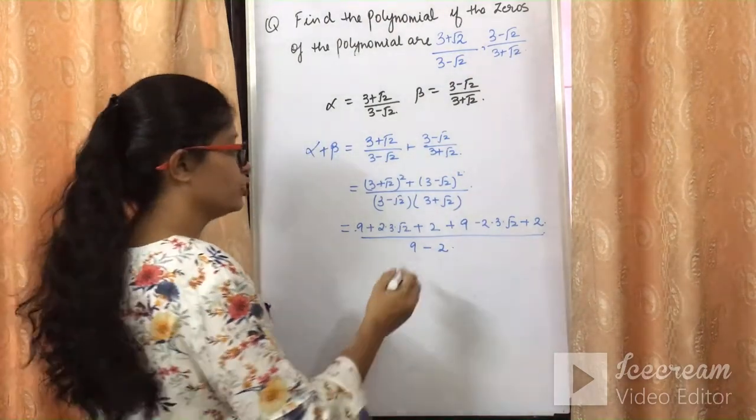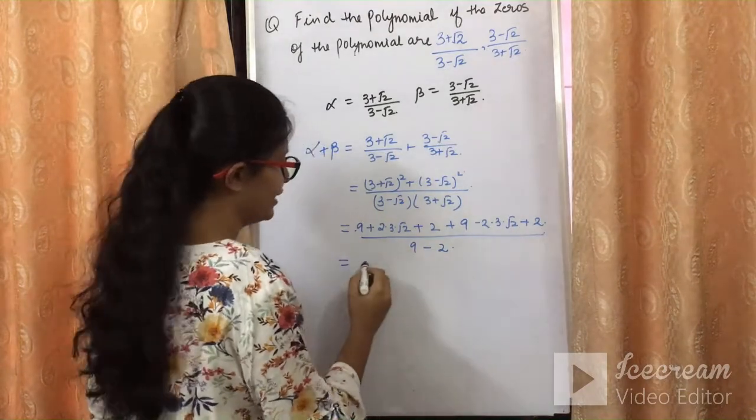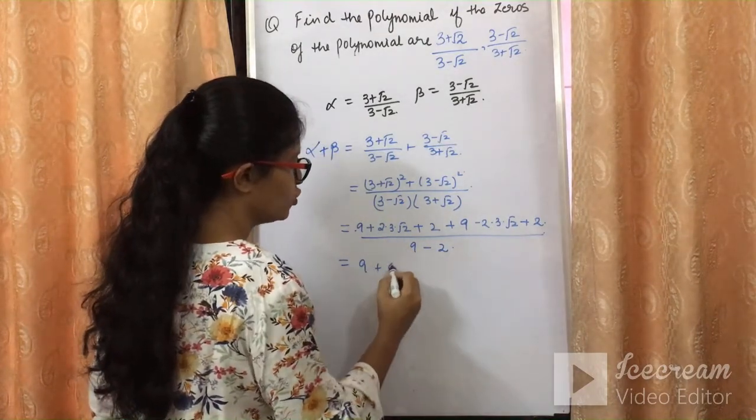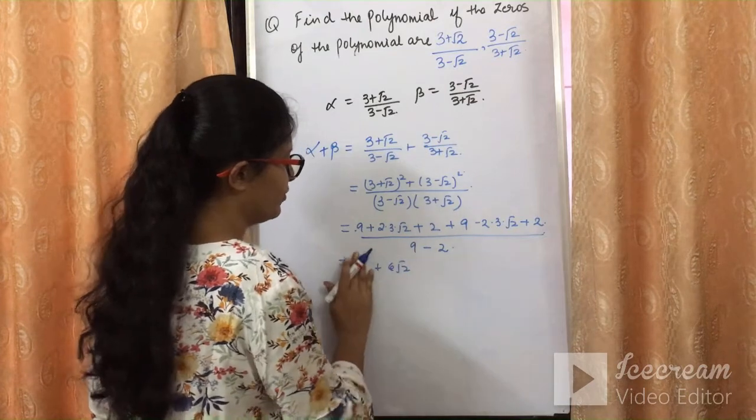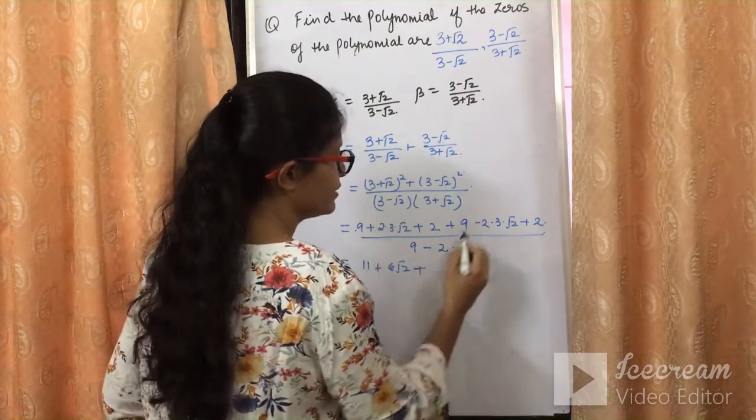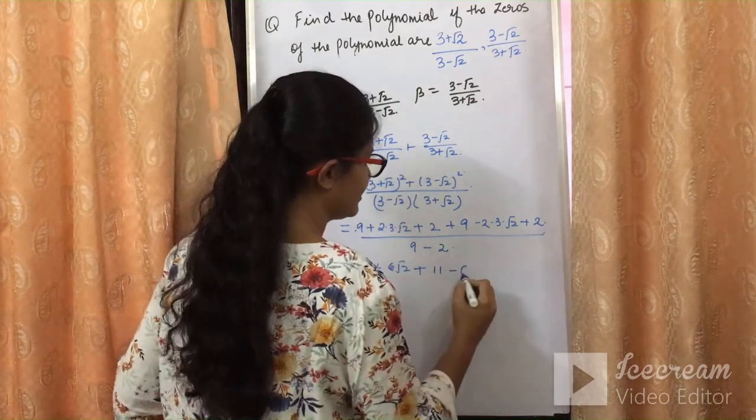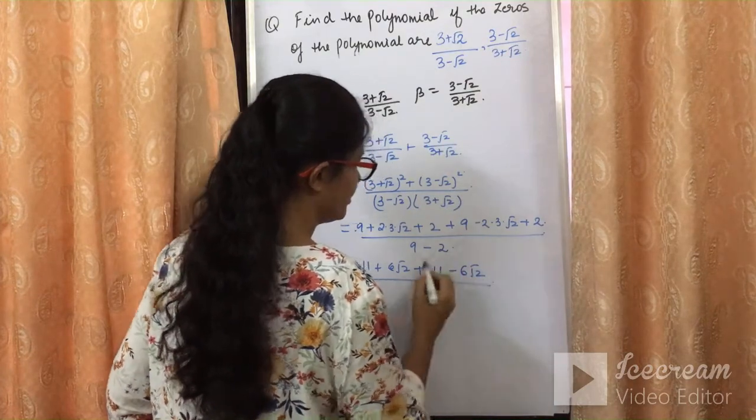Root 2 square will be 2. So if I solve this, I will get 9 plus 6 root 2, 9 plus 2 will give me 11, plus 9 plus 2 again will give me 11 minus 6 root 2, upon 7.